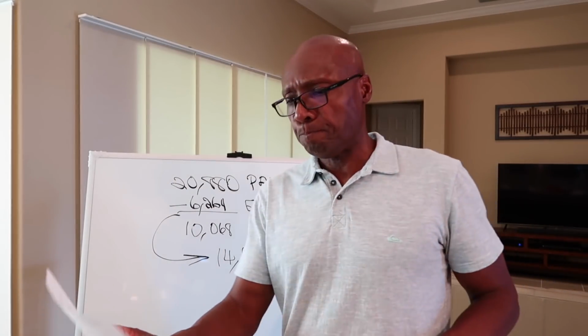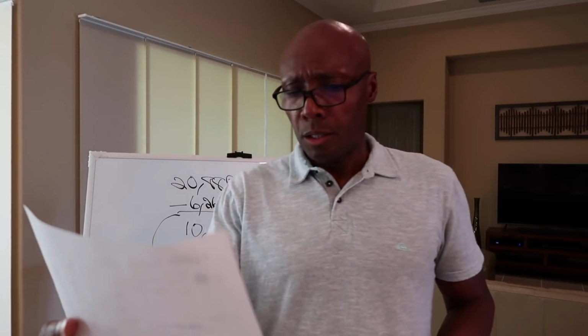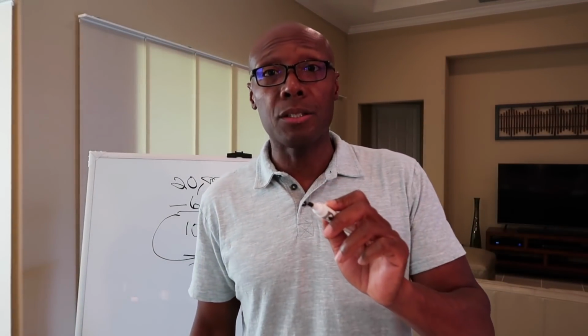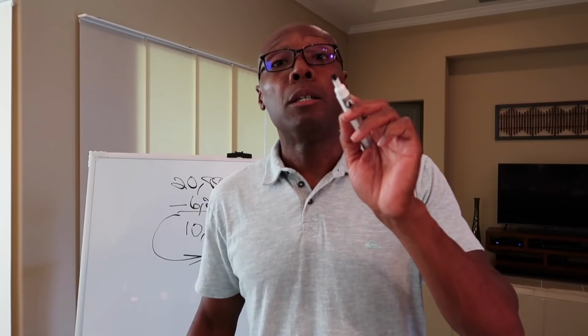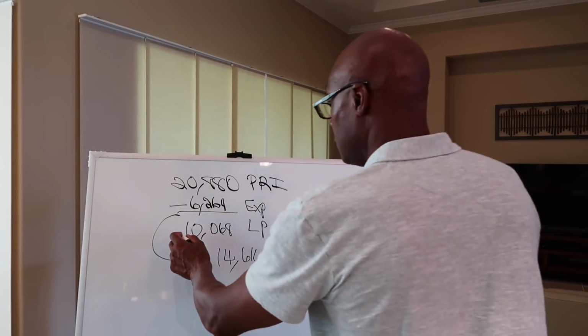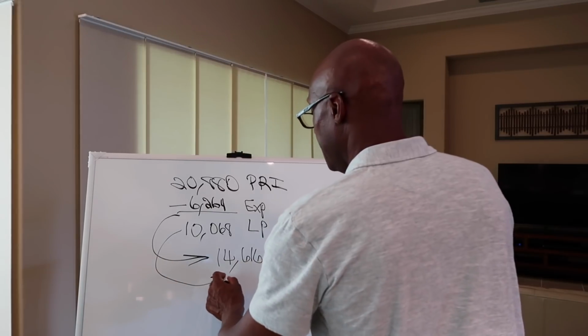So we have that. Now the next thing we want to do in order to finish our cash flow analysis is we want to go ahead now and we're going to have to subtract out our loan expense. So let's take this 10,000. I'm going to take the 10,000 and move it here.